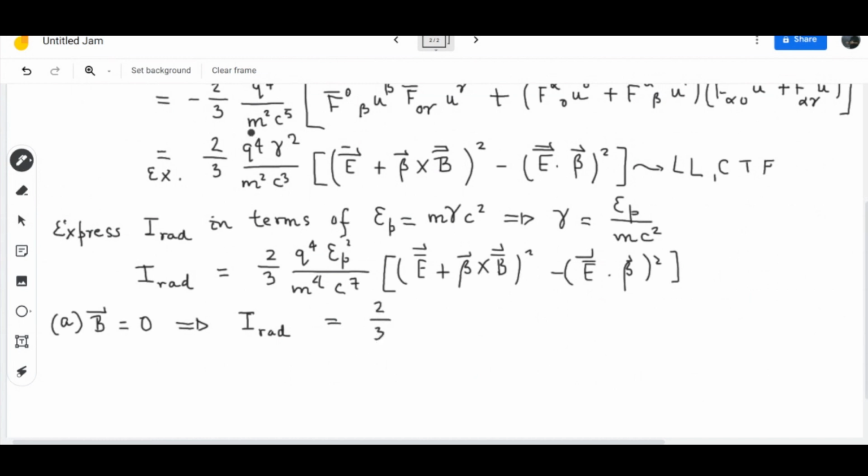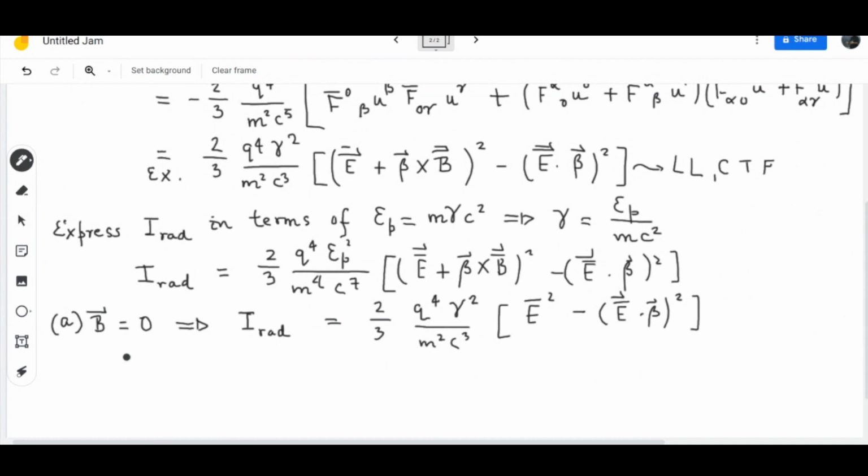So I'll go back to this formula because I want to show you something now. The same formula really. What I have is E squared minus E bar dot beta squared.